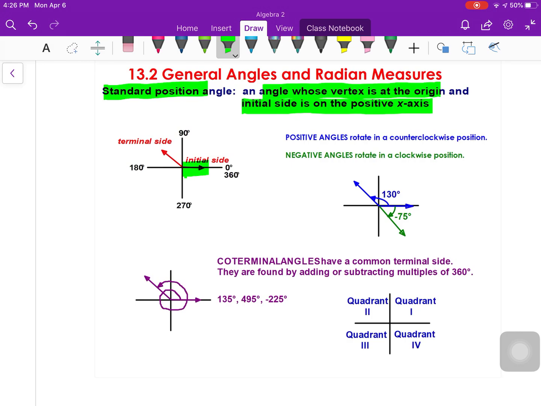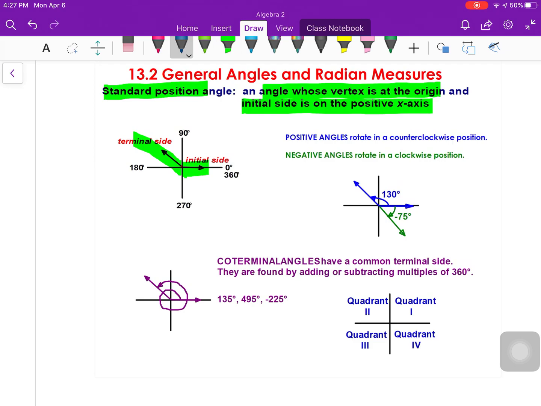That means the terminal side will thus fall anywhere within. On ours, our terminal side fell right here. That is our ending side. And that is how you draw any angle in standard position. Always start at 0, 0, out to 0 degrees, and then go anywhere beyond there for your terminal side.